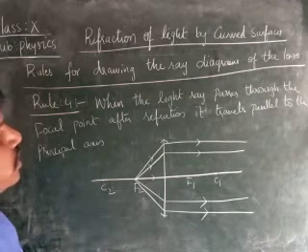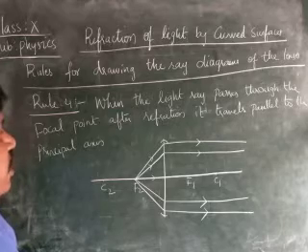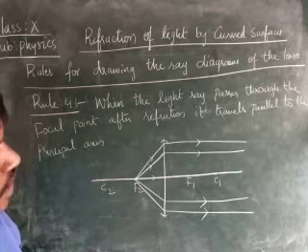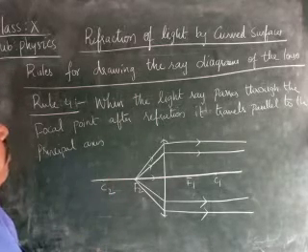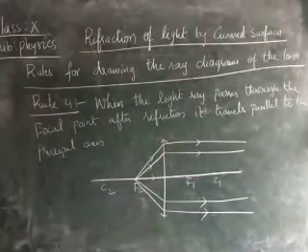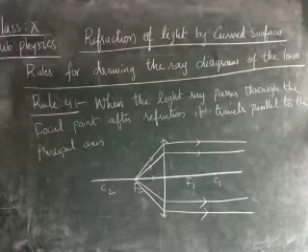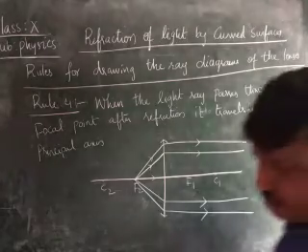And the fourth rule is that when the light ray is passing through the focal point, after refraction it travels parallel to the principal axis. Okay, these are the 4 rules, children, and one more rule is there, that is the 5th rule.